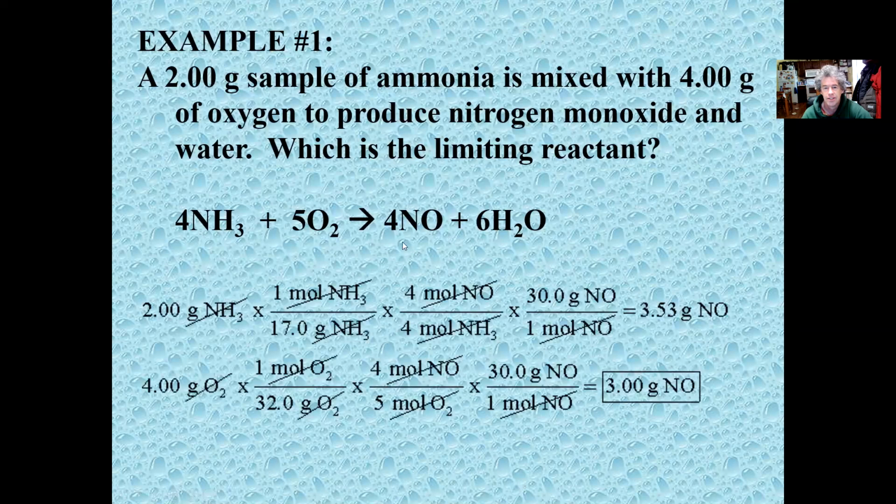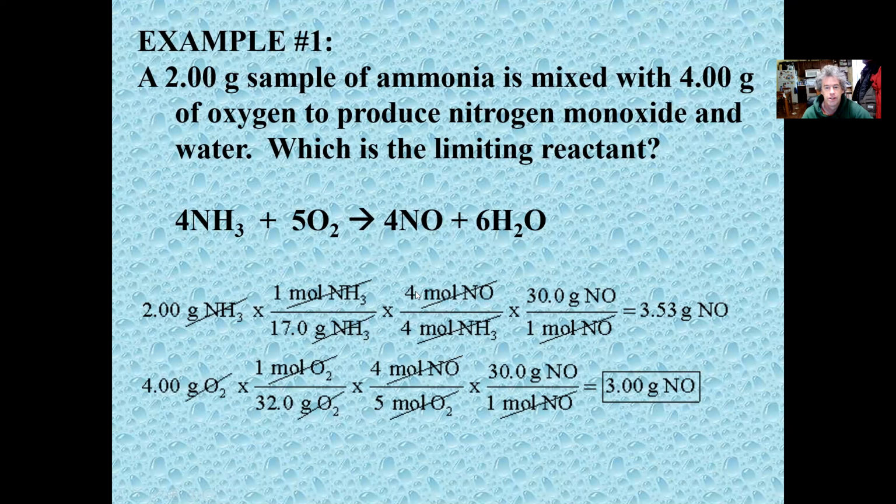So in this case, the person solving the problem went to NO. And it's the same methodology we just talked about, where you start with your 2 grams of your have, which was NH3. Then 1 mole of NH3 is 17.0 grams of NH3 from the periodic table. Then when we're looking at our mole ratio, we have 4 moles of our want for every 4 moles of the have.